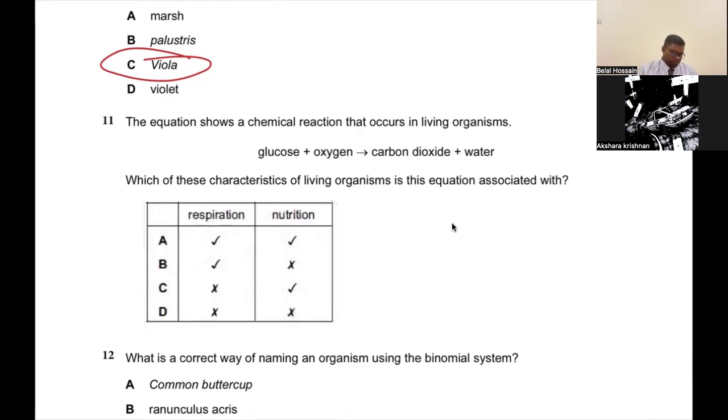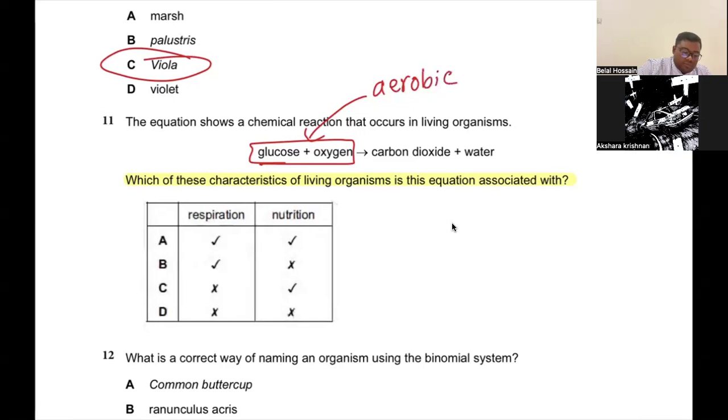The equation shows a chemical reaction that occurs in living organisms. Glucose plus oxygen is carbon dioxide plus water. Which of these characteristics of living organisms is this equation associated with? Remember, using glucose with oxygen is aerobic respiration.